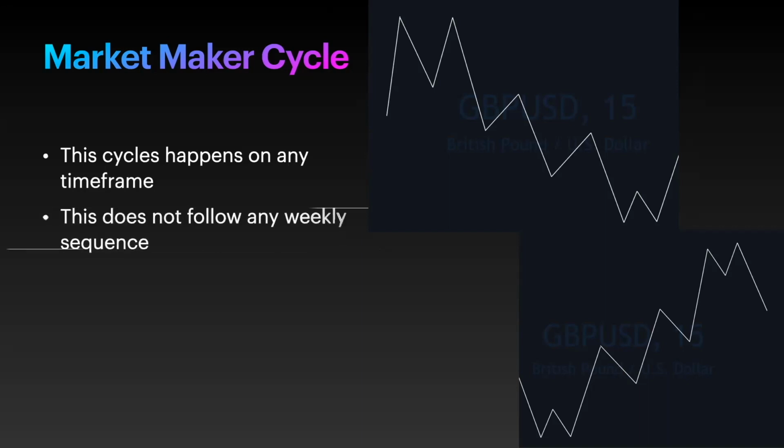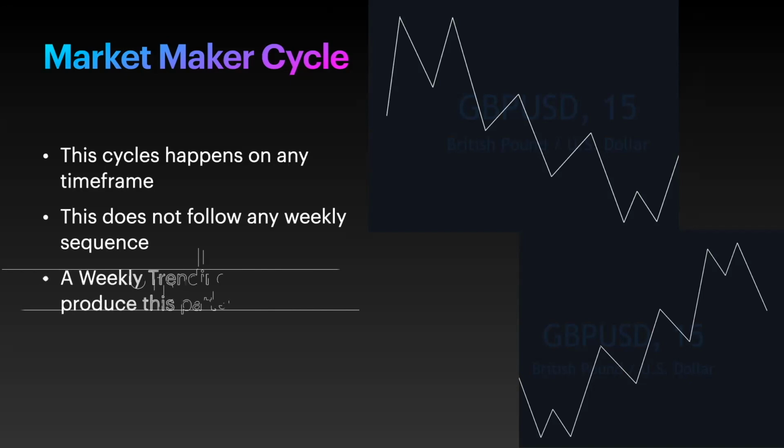This cycle does not follow any weekly sequence, meaning this is not a Monday through Friday type of cycle. The closest thing you can get to this on a weekly basis is a weekly trending cycle, where you're very likely to see something very similar.